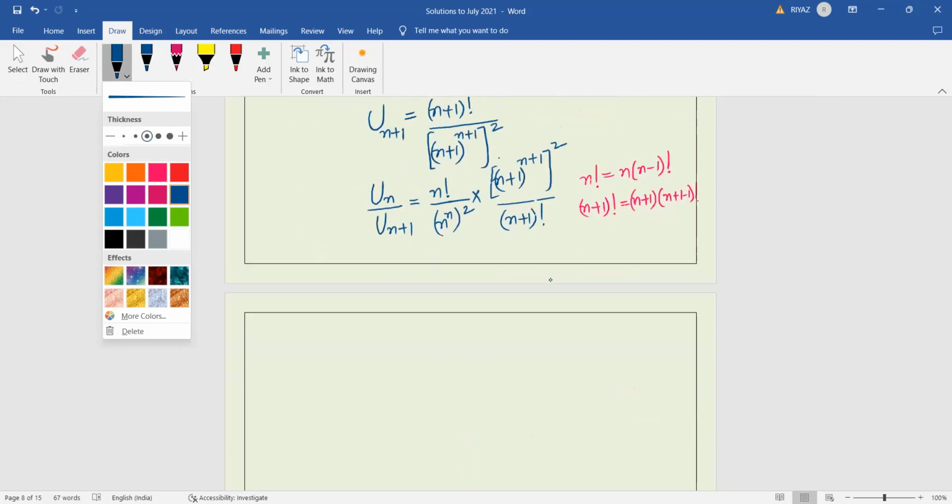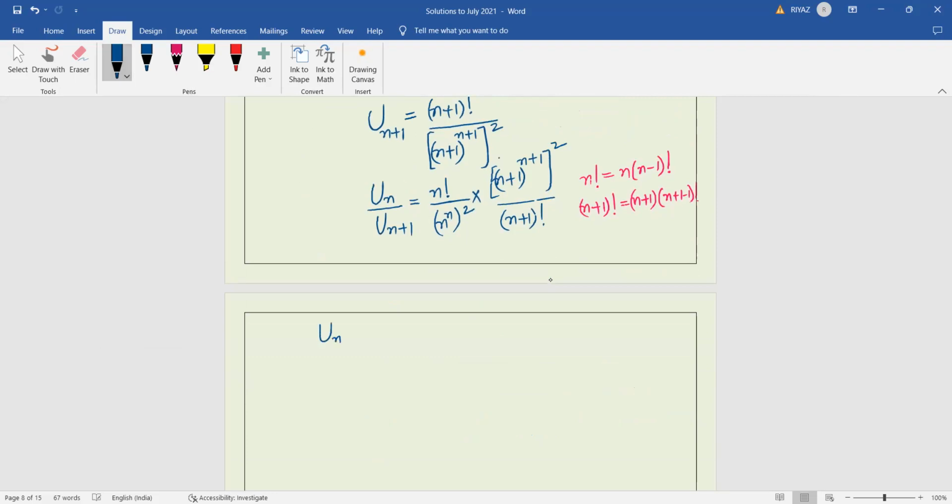See here, this un by un plus 1 value is equal to n factorial as it is, divided by n to the power of n whole square, multiplied by n plus 1 to the power of n into n plus 1 to the power of 1 whole square.